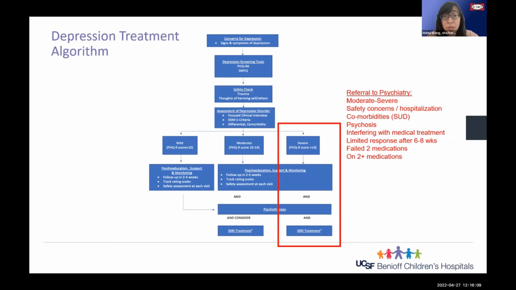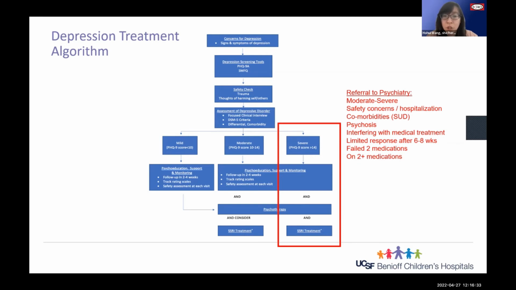And if the patient during this period doesn't seem to have any improvement, there are some factors that will make us think of referring to child psychiatry. That is, the patients have moderate to severe symptoms along with safety concerns, recent hospitalization, and/or other types of comorbidities, including substance use disorder. This is usually a tough one.